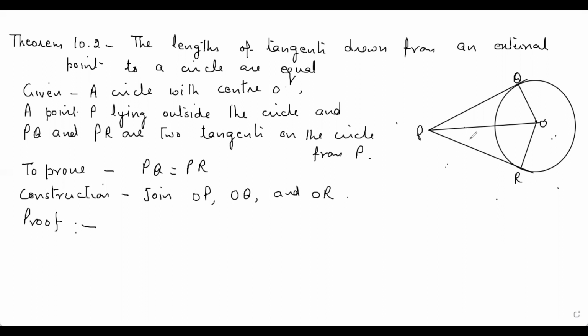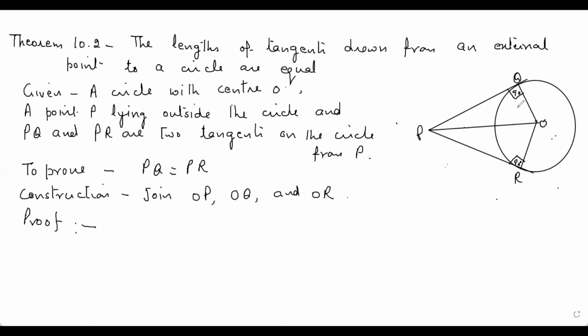Proof. Now I am going to consider these two triangles, OQP and ORP. We know that this angle is 90 degrees; these are two right angle triangles. Why is this 90 degrees? Because a tangent is perpendicular to the radius of the circle at the point of contact.